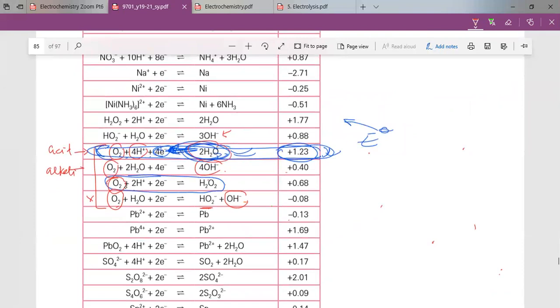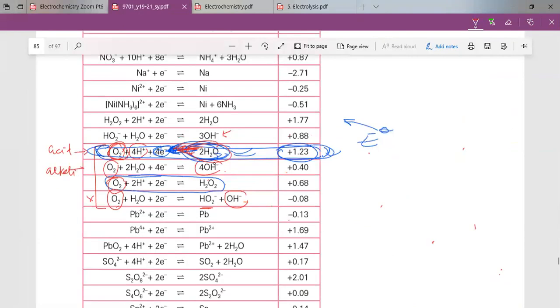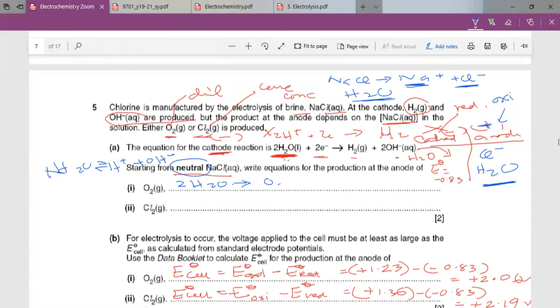Water going to this side will give you oxygen. So 2H2O, that means this is the equation happening here. Remember, it is oxygen. 2H2O gives you O2 plus 4H plus, plus how many electrons?